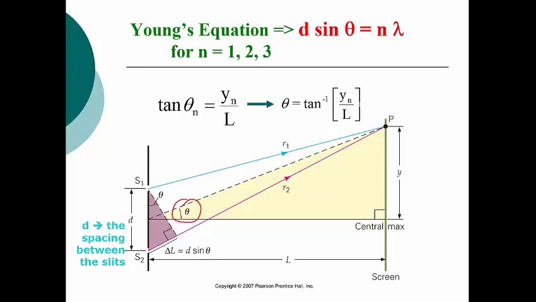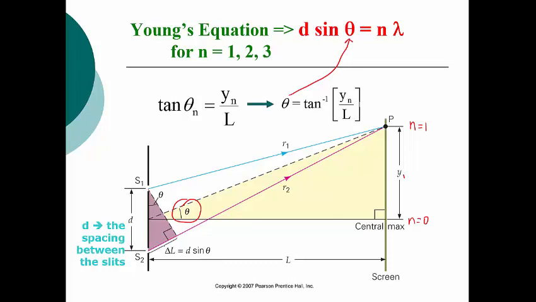Then we can see where one of our bright lines comes. So here's the central maximum, which would be n equal to 0. If this is the first order, this would be n equal to 1, and this would be y1. And of course, we love SOHCAHTOA, so the tangent of the angle is y divided by L. We can then use that theta that we calculate using basic trig in our Young's equation.